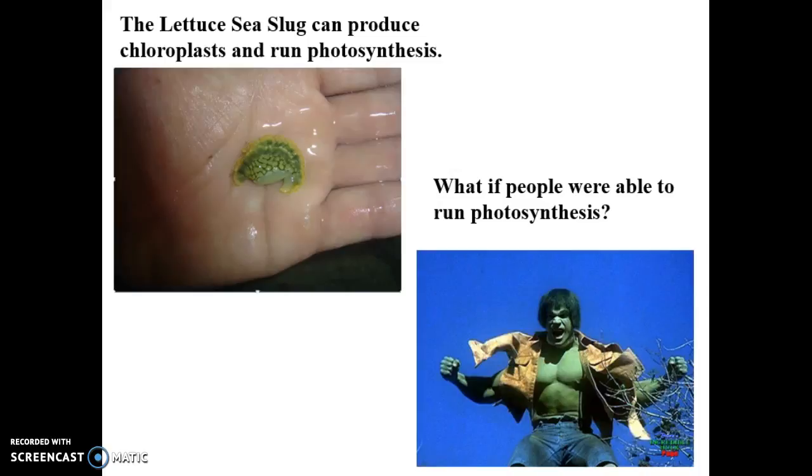It consumes it, uses cellular respiration to make ATP, but then it can also make chloroplasts. And those chloroplasts get embedded into the skin of the slug, giving it that green color. So if the slug doesn't have a large amount of food available, it can simply run photosynthesis.